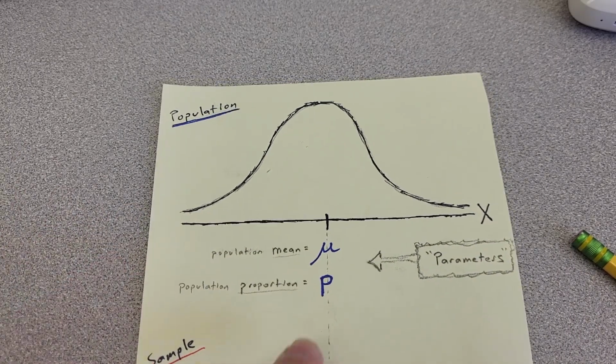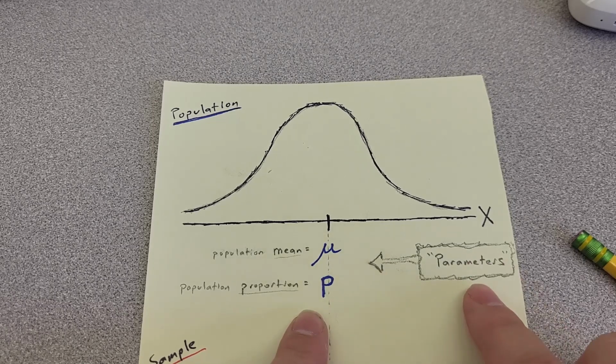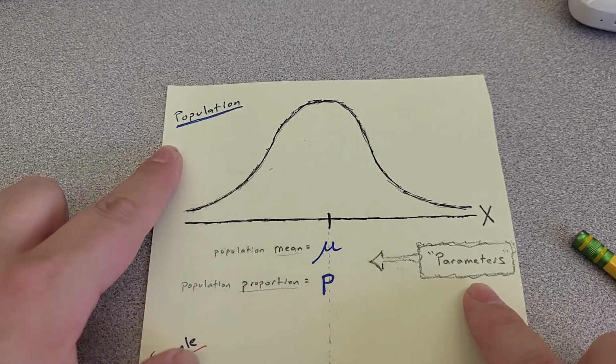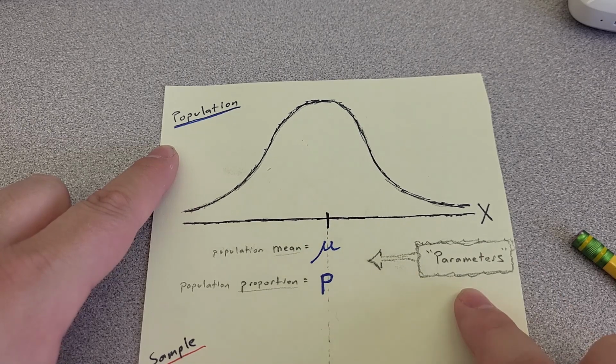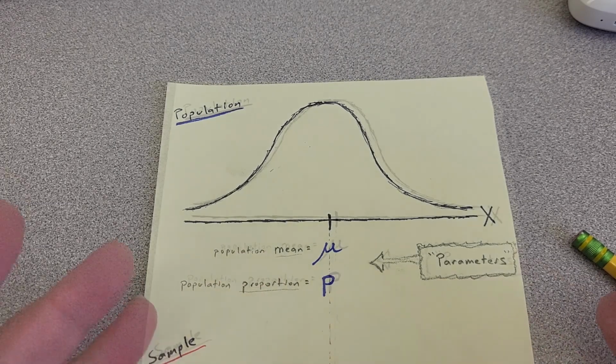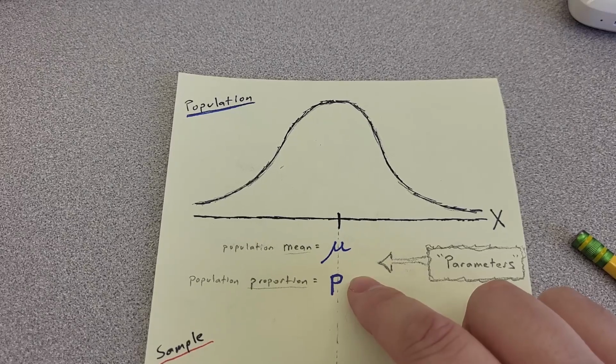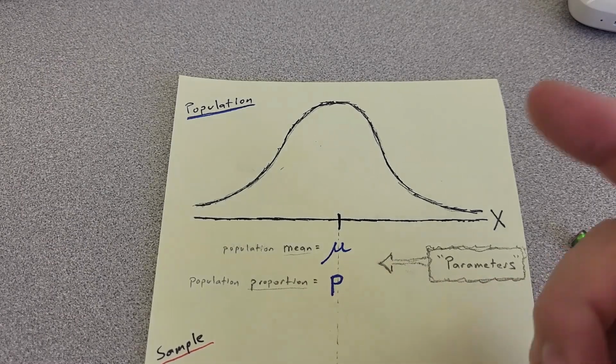So these numbers of interest are called parameters. Populations have parameters. Parameters such as the population mean or the population proportion. And we would like to know what the values of these parameters are.